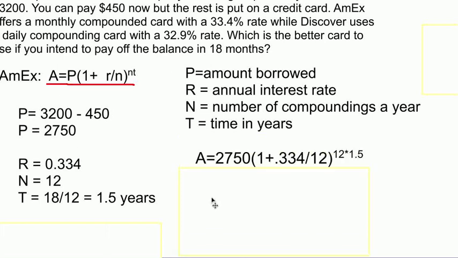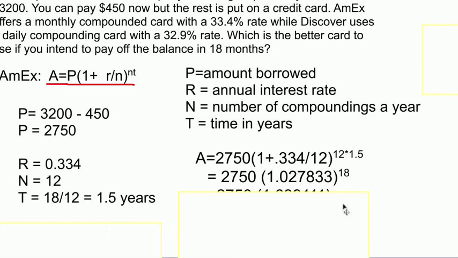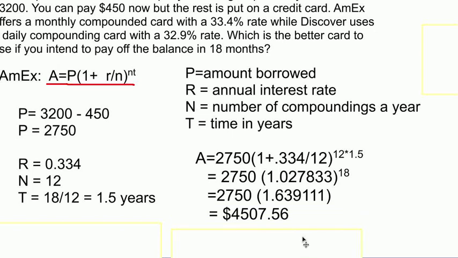So plugging in those values there, P times (1 + R over N) raised to the N times T. I found the inside number there to be this in the calculator. You can double check me if you're not sure, or if you want to practice exactly going through this procedure. And then I went ahead and simplified the exponent. I raised this to the 18th power, which gave me that, times 2750 would give me an actual price paid back over the course of a year and a half of $4,507.